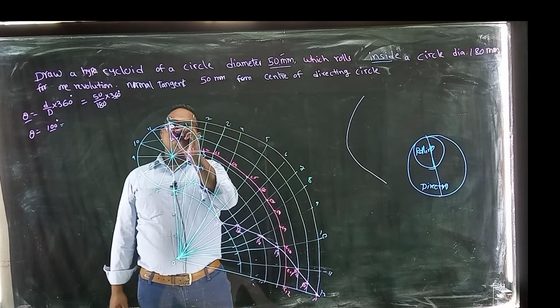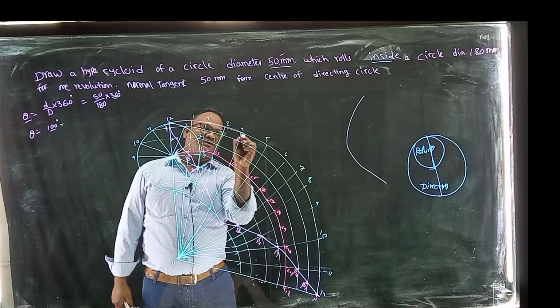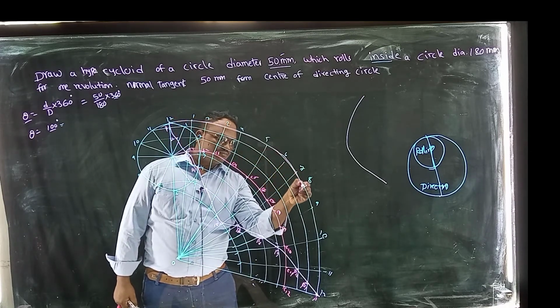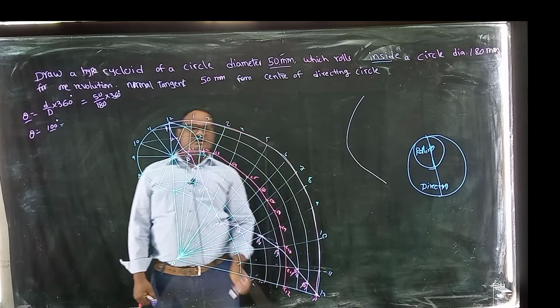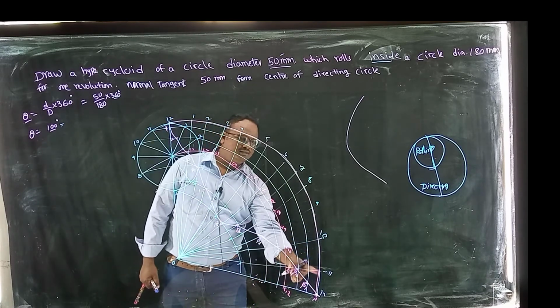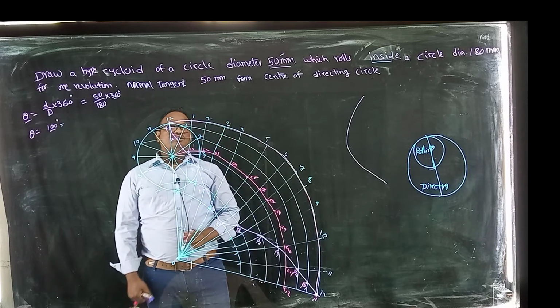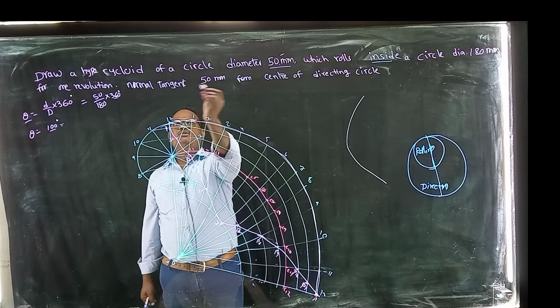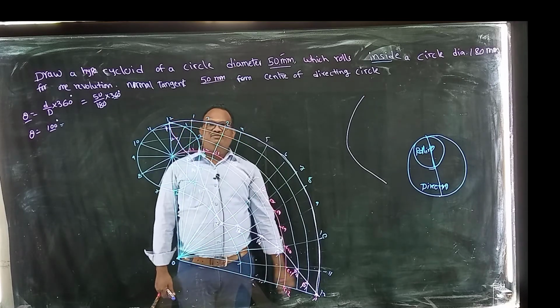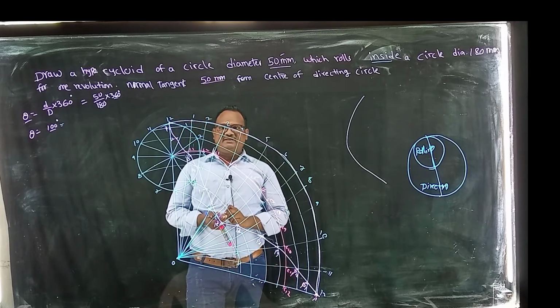This base should also be dark, and this curve should be dark. This is the hypocycloid.